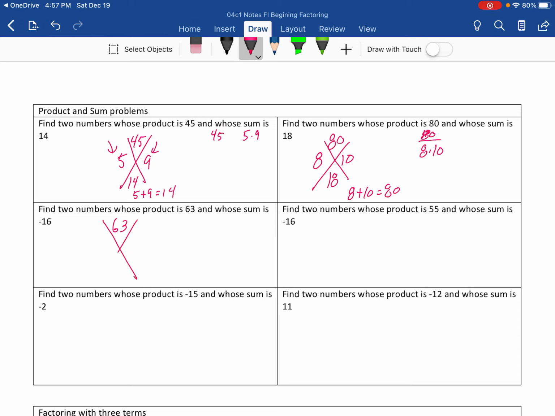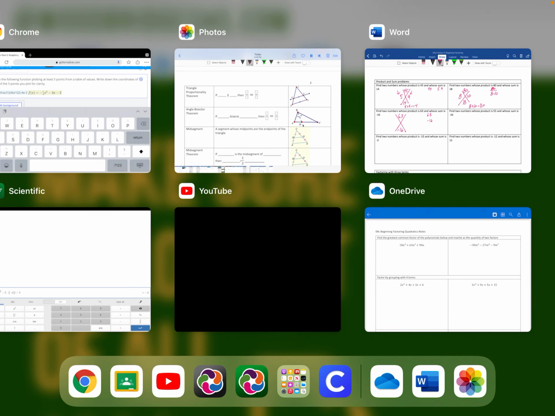It says find two numbers whose product is 63 and whose sum is negative 16. So I'm looking for two numbers that have to multiply to be 63 and add to be negative 16. So maybe you want to try and use Desmos. We have 63 and negative 16.